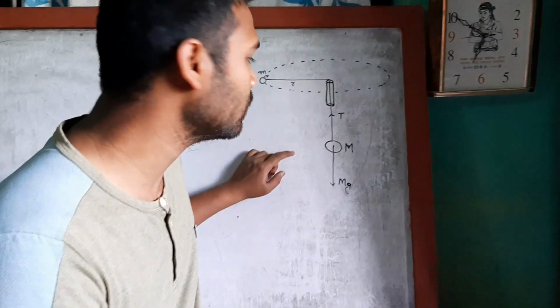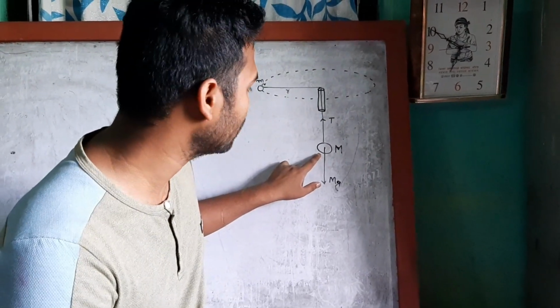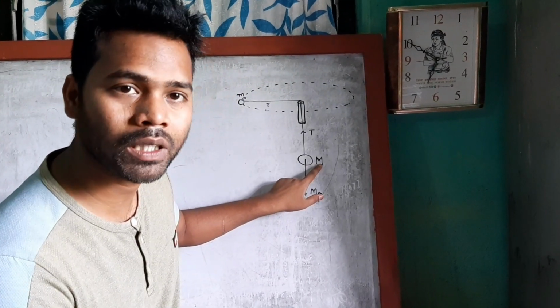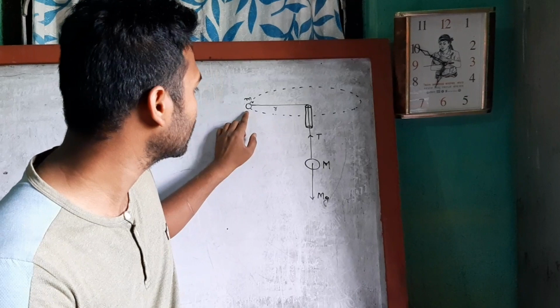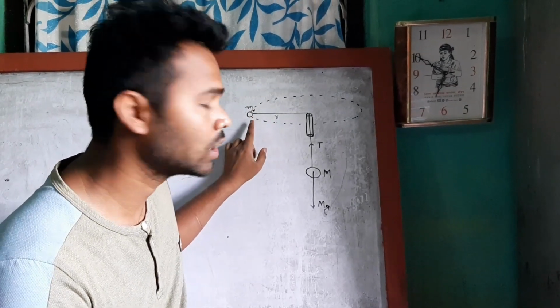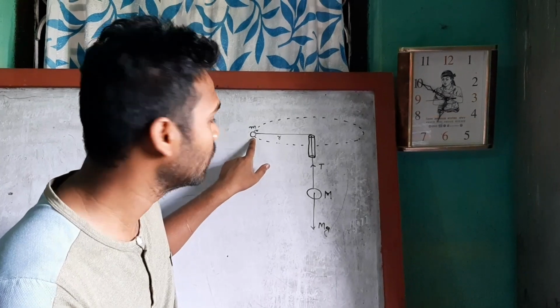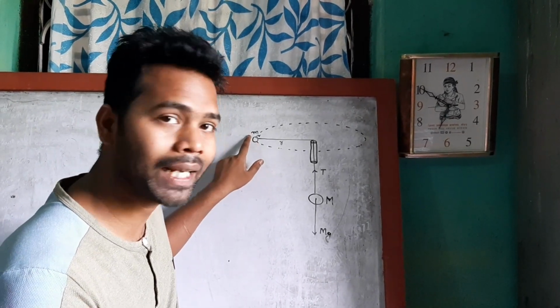In this diagram, the heavier object which stands still is represented by the capital mass, capital M, and the lighter object which moves in a circular path, let its mass be small m.